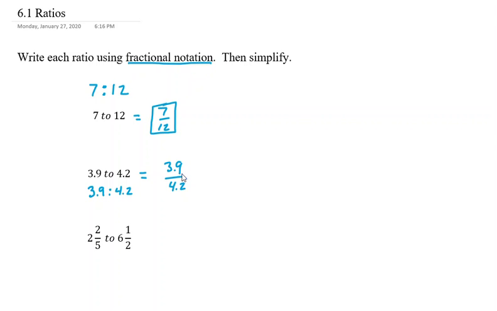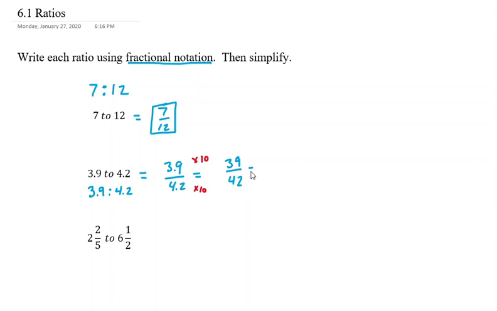But of course, we don't really like fractions with decimals in them, so we're going to do some work on this to make it not have decimals. The first thing I might do is multiply the top and the bottom by 10. Because we have tenths, multiplying by 10 moves the decimal over one space. This becomes 39 over 42.